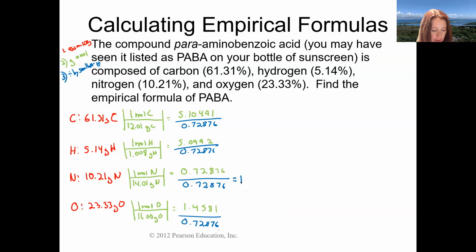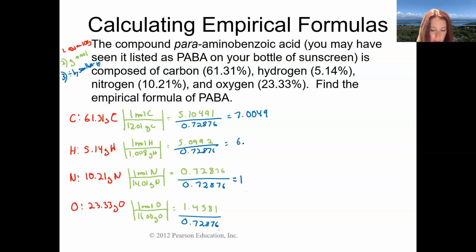I'm going to start at the top. 5.10491 divided by 0.72876. This gives me 7.0049. 5.0992 divided by 0.72876.